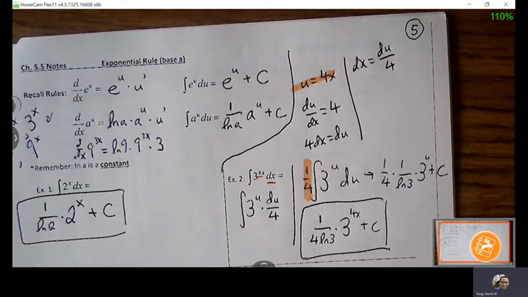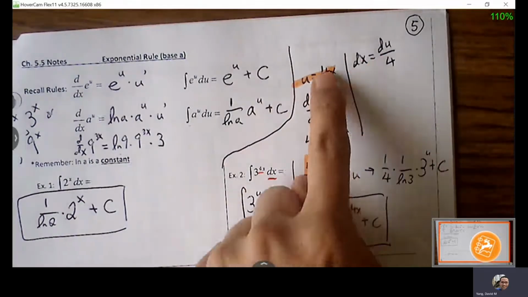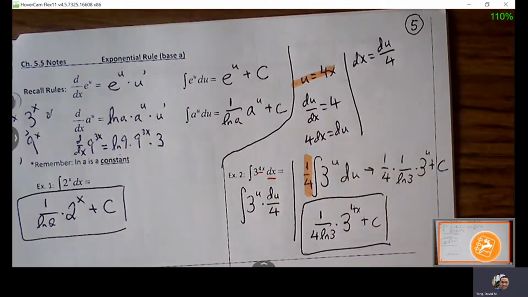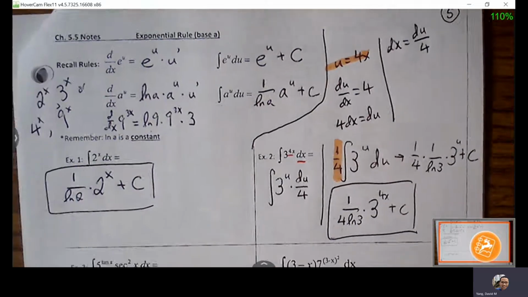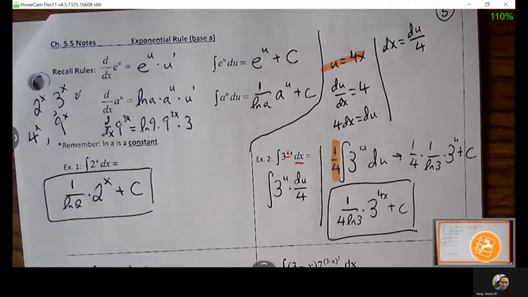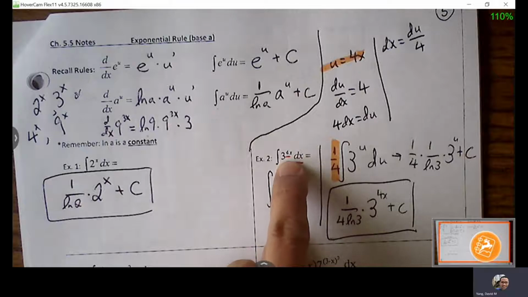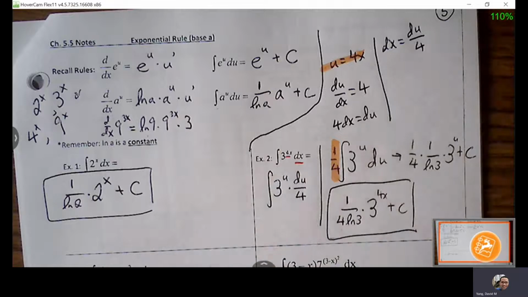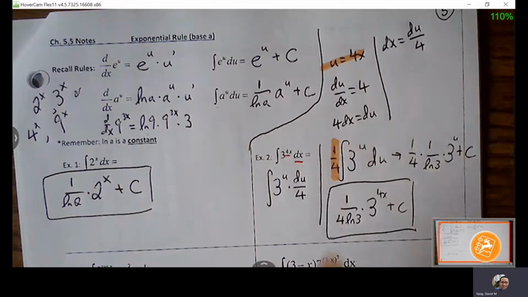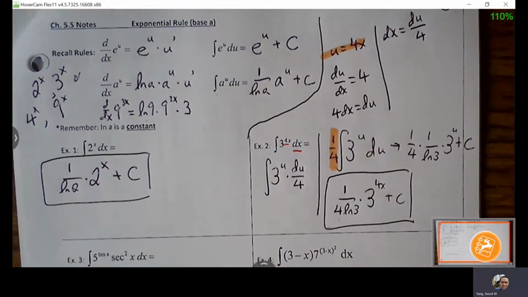Okay, just want to kind of give some time-saving features, especially if you imagine a problem that has multiple u substitutions to it, and rather than have to work out every part, if you just know the pattern, you can move through the problem a little faster. Okay. Now, I wouldn't suggest it for anything that is more complicated than a linear u value. I would go through and work through the whole process if it's anything more complex.